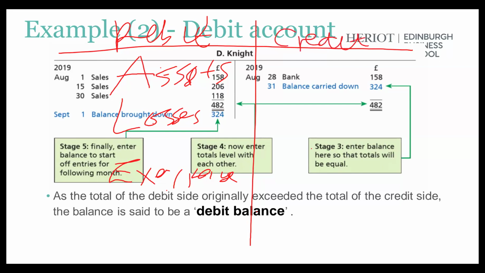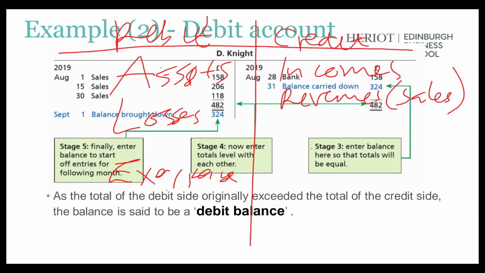Yes. Now, credit. What do you credit? You credit all the incomes. You credit all the revenue, income, or sales. What else do you credit?